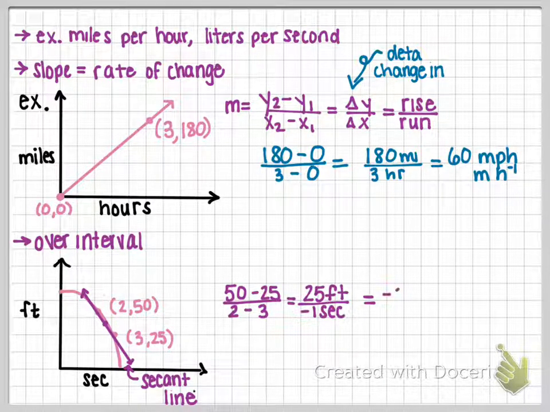And we'll end up with -25 feet per second. Or sometimes that's written -25 feet, and then seconds with a little negative first on it. Remember, we saw that back when we had our vectors unit.